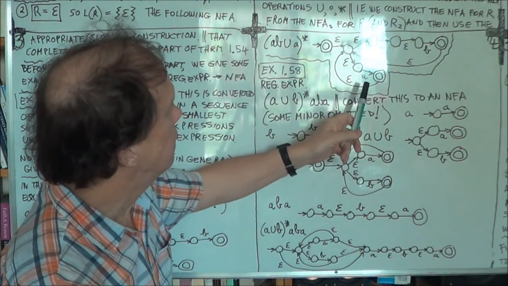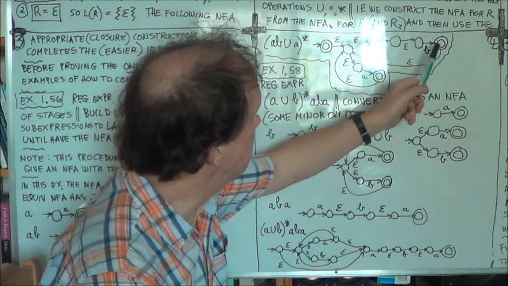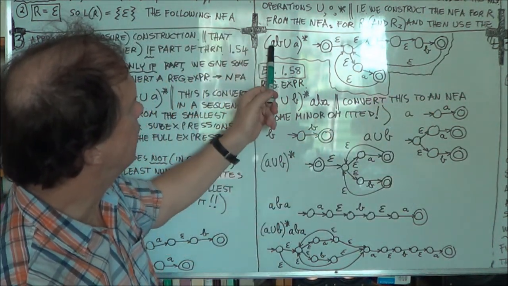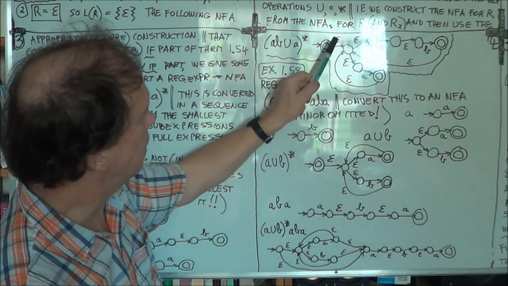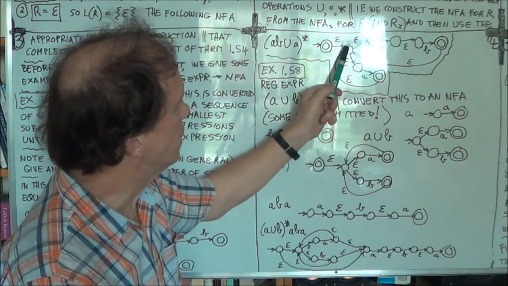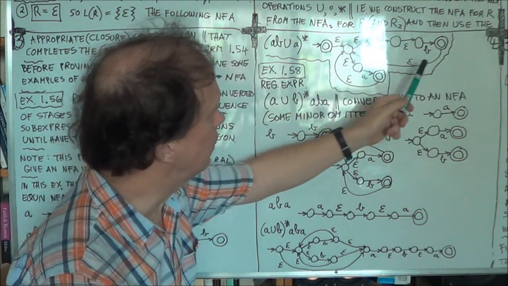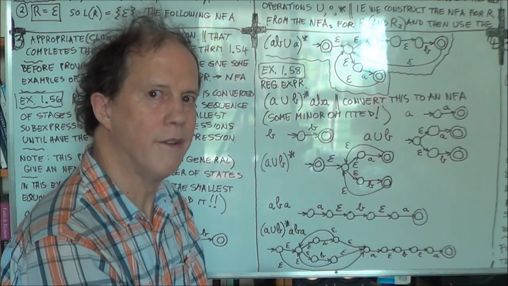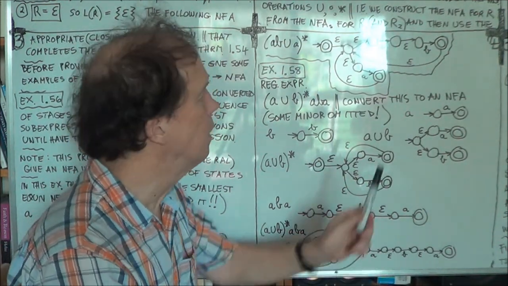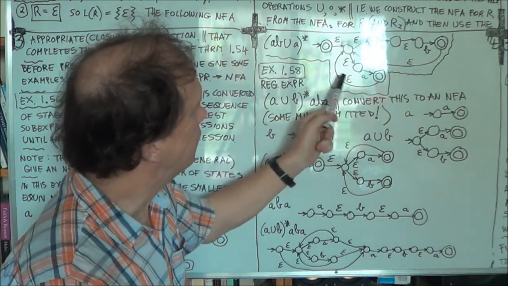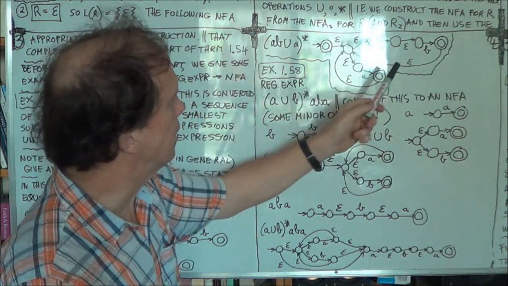Okay. So these two are the accept states. You might have AB. That's the A. That's the AB. And so you loop back to here. If you have all the states belonging to your F, your accept states, looping back to the start state of your NFA, that will give you the star.